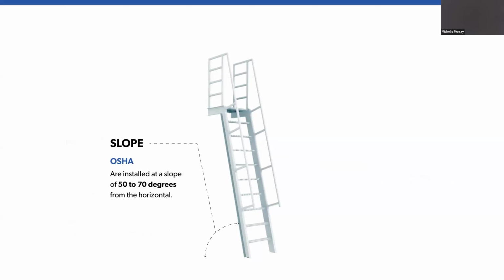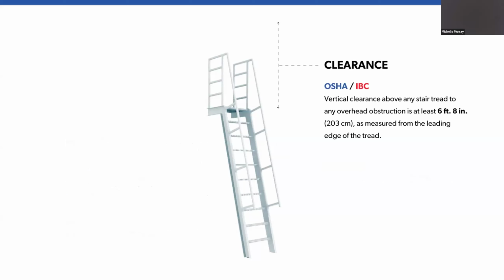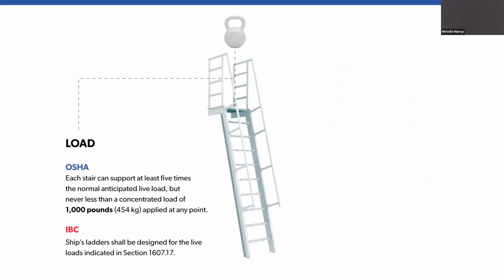The slope needs to be 50 to 70 degrees from the horizontal. For the OSHA and IBC, the clearance is at least 6 feet 8 inches for overhead. And OSHA needs to be a concentrated load of 1,000 pounds.